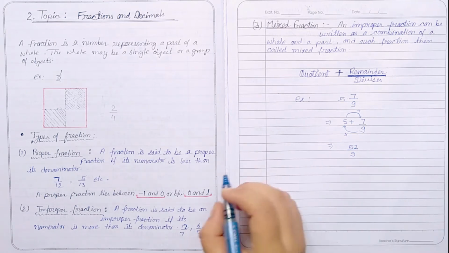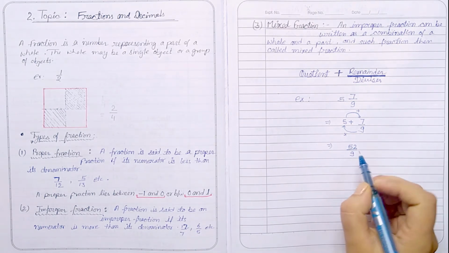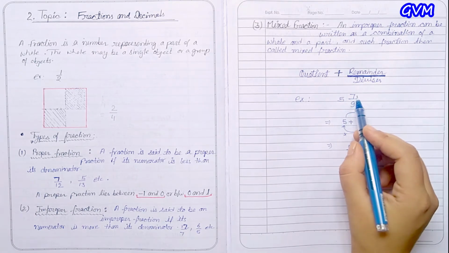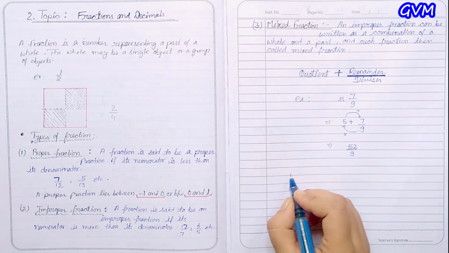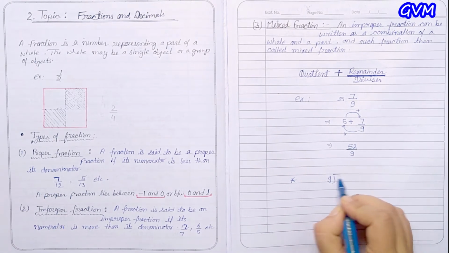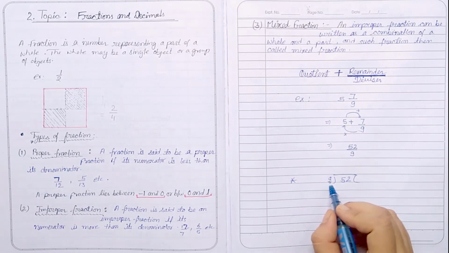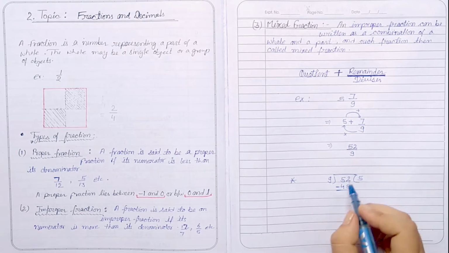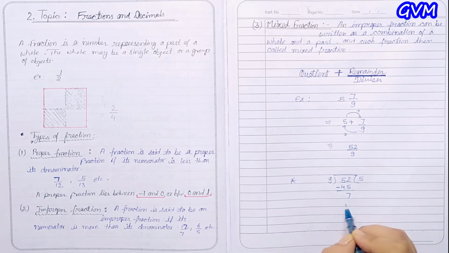Okay, now how have we written this improper 52 upon 9 as 5 7 upon 9? I can explain here that when we divide 52 by 9, 9 5s are 45, and after subtracting we will have 7 as remainder.